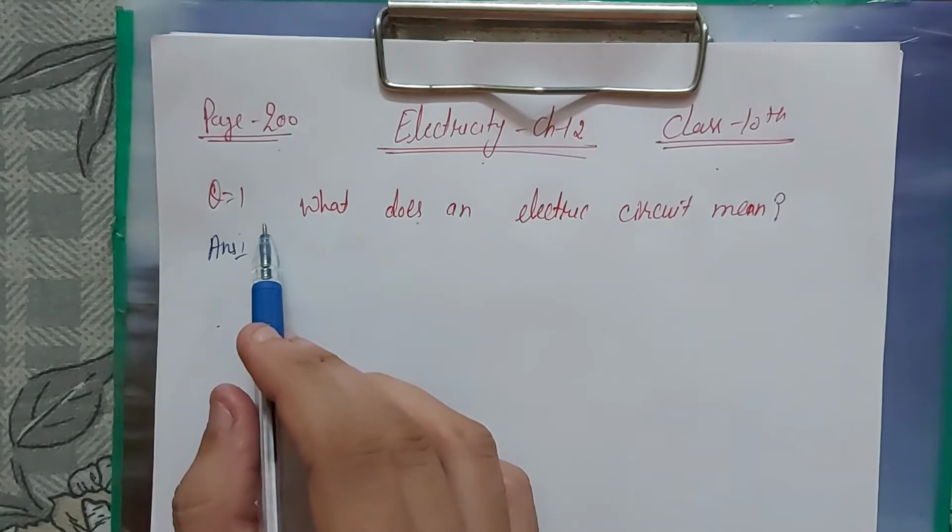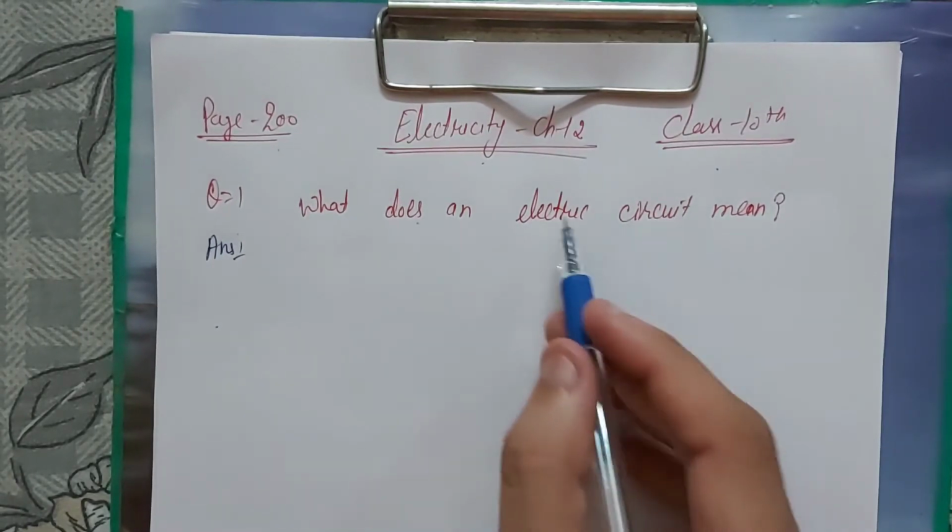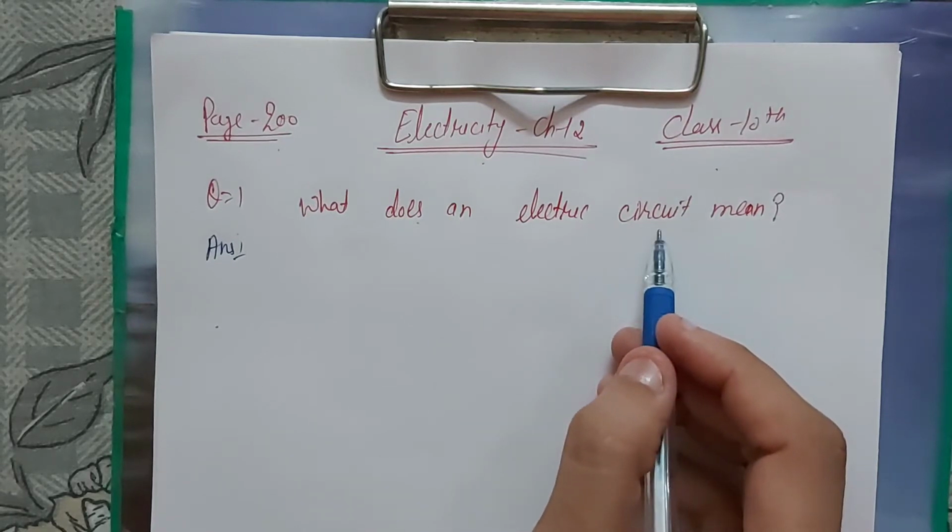The first blueprint question is, what does an electric circuit mean? That means, what is the meaning of electric circuit?